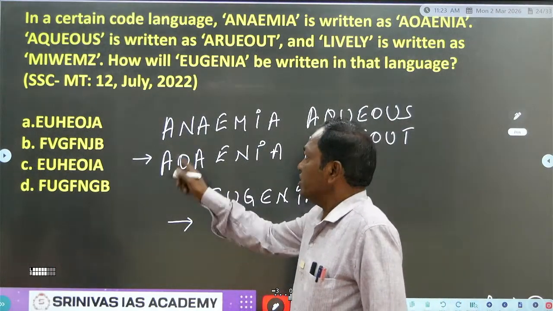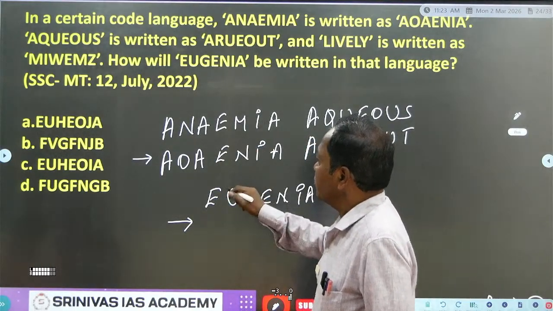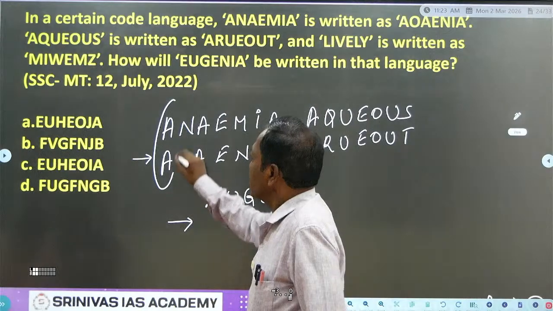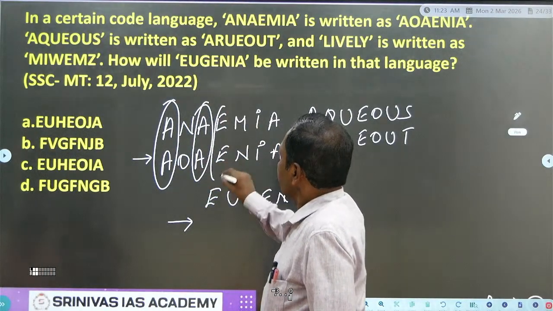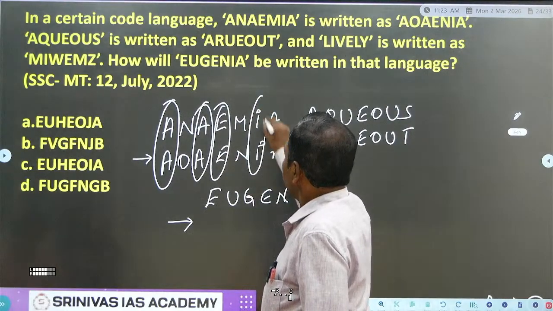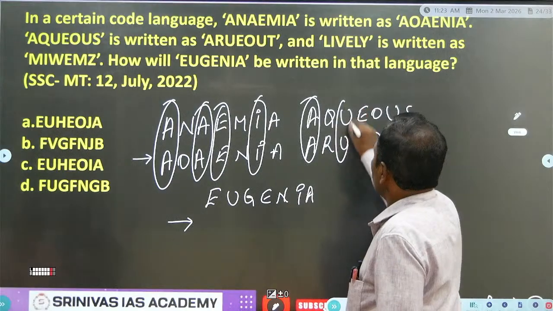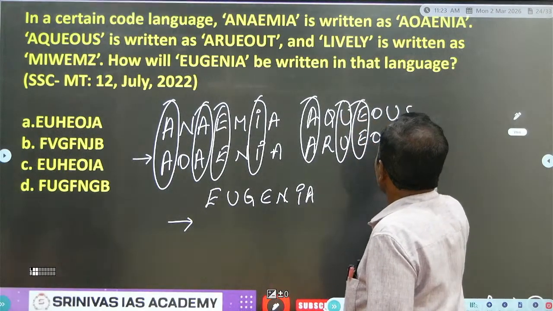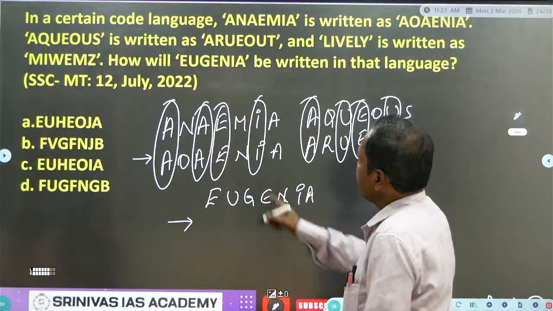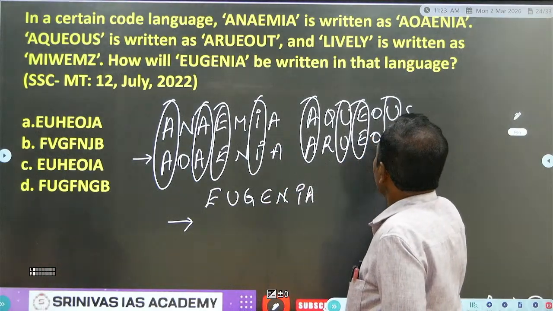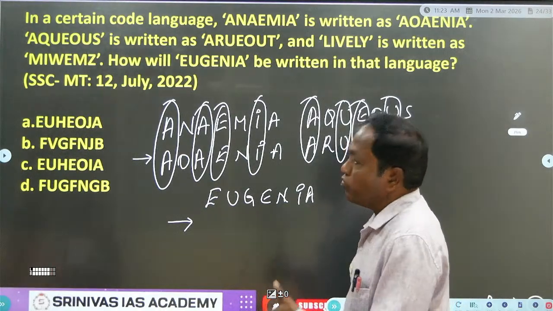A is written as A, I is I, E is A. Some are like that. A, E, I. And here also same, A, U, E, U. It means A, E, I, U are the vowel letters.